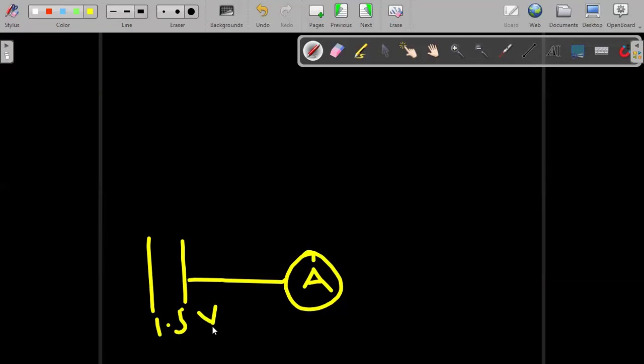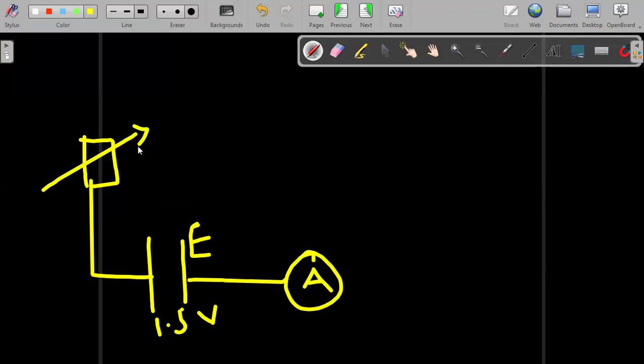What you see there is E, not 1.5. Then you see something like this. They stroke it. You see R.O.H., it stands for rheostat. Then all these lines I'm drawing, they are wires. Okay? You see a point here, point A.